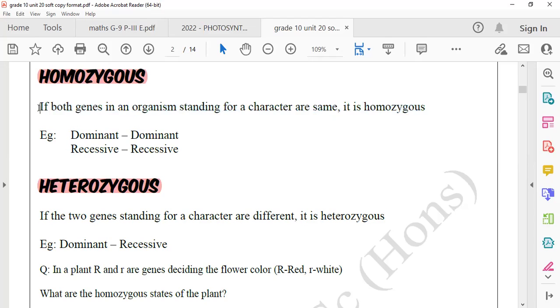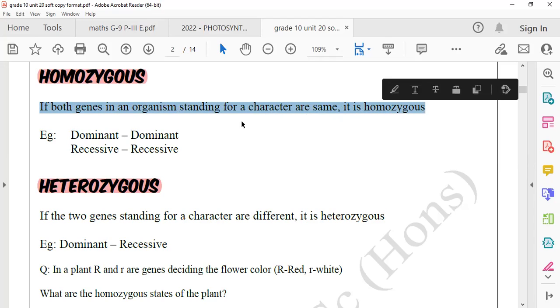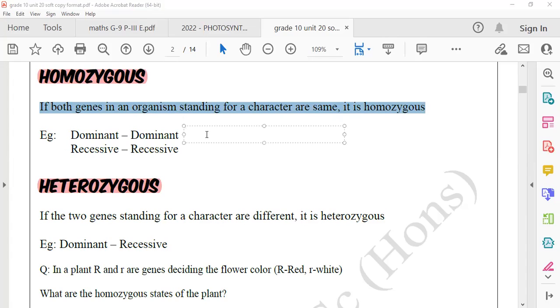If both genes in an organism standing for a character are the same, it's homozygous. Both genes are the same, then it is homozygous. Understood? So if father has given a dominant gene and mother also has given a dominant gene, we are homozygous.